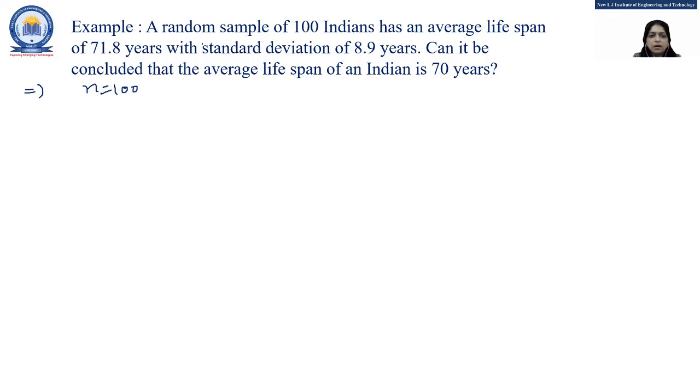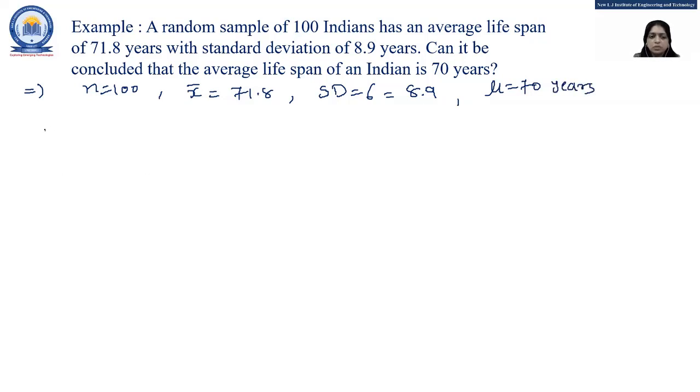Average lifespan of 100 Indians is 71.8, so our sample mean is 71.8. Standard deviation sigma is 8.9. And the last, can it be concluded that the average lifespan of an Indian is 70 years? So it is about the population, so mu equal to 70 years. So this is our given data.